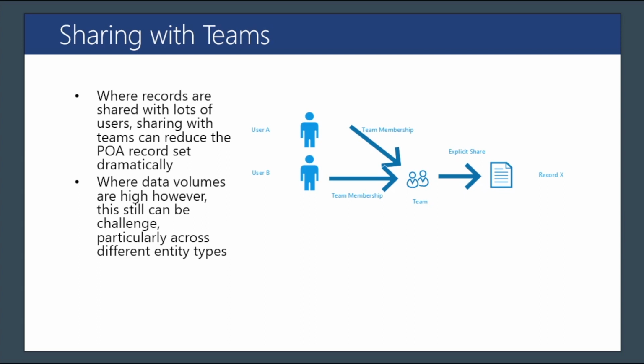Again, you still have to consider the implications of the team management and make sure that it fits into your requirements and your ongoing maintenance and scalability. But it can help where you can define those members of the team clearly and then share the records with team members. Again, if we're looking at very high record volumes, then the POA table growth can become problematic.